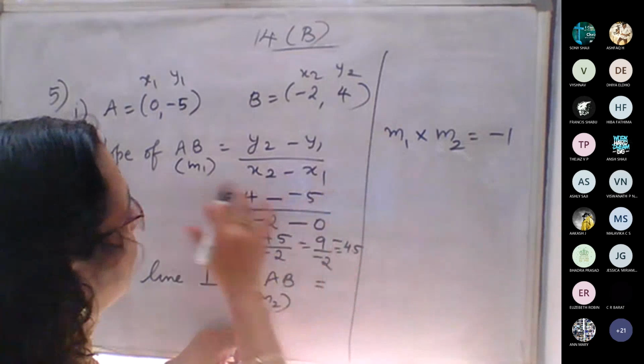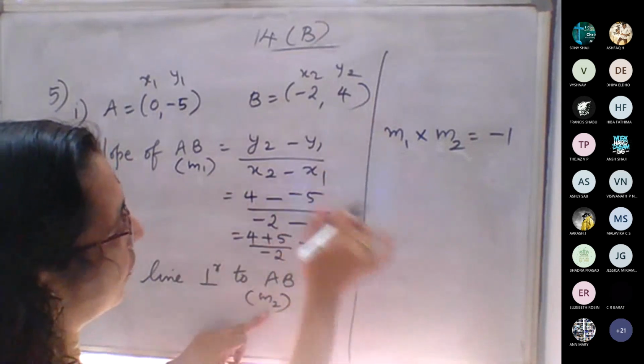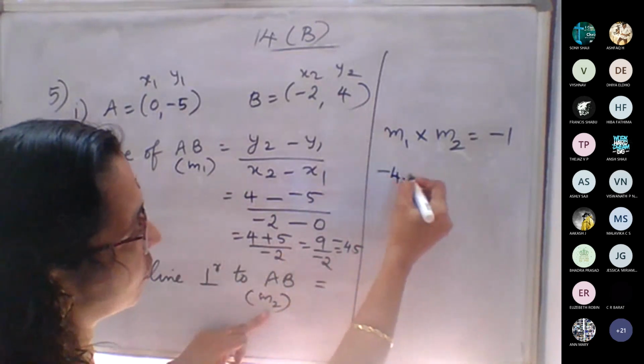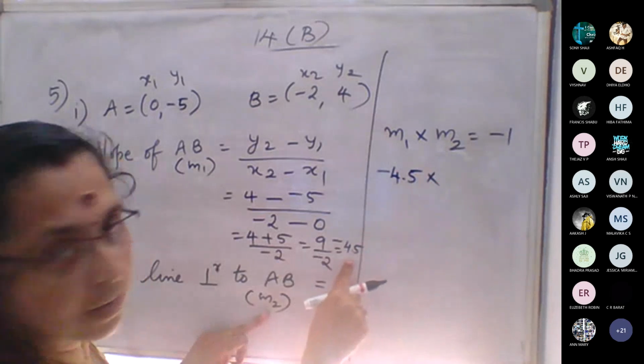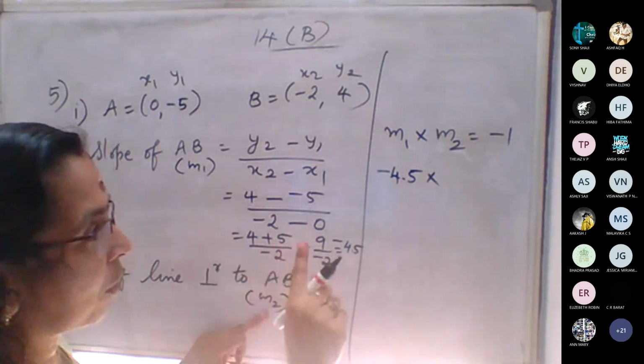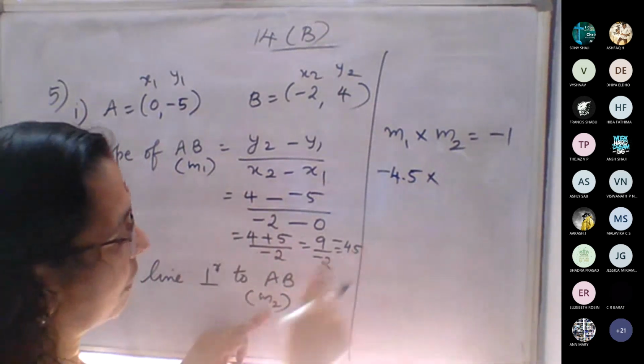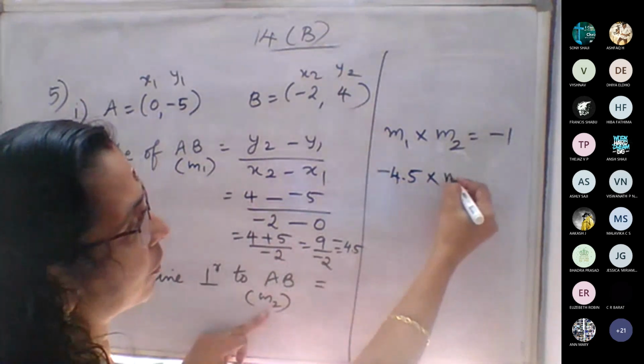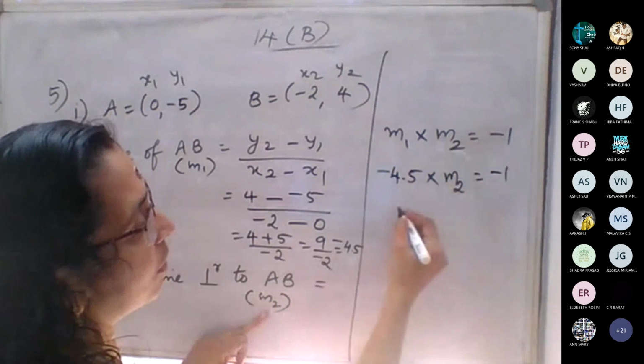So we know the product of slopes is negative 1. The slope of AB we assumed as m1, and we got 4.5. We have to find m2, that is the slope of the line perpendicular to AB. How can we find m2?